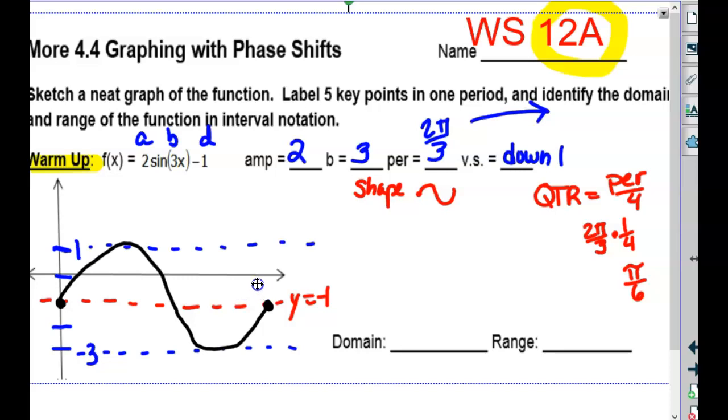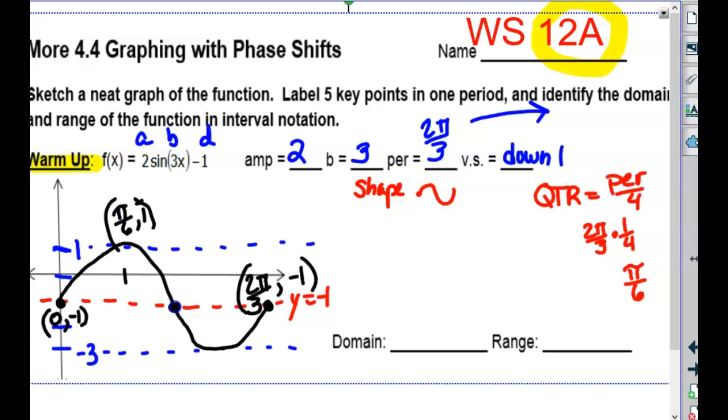Period. Where did this end then? Was 2 pi over 3, comma, -1. All right, now to go back and put in the quarter points, there's no shift, so they started here at over 0 down at -1. Then it went over pi over 6 into the max of 1.